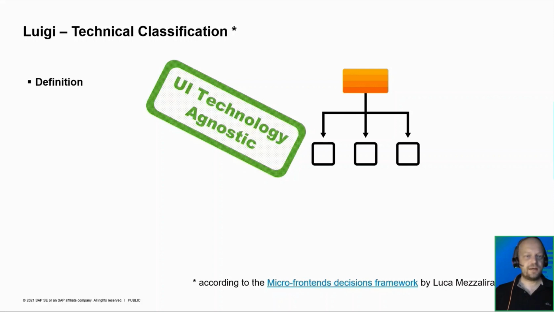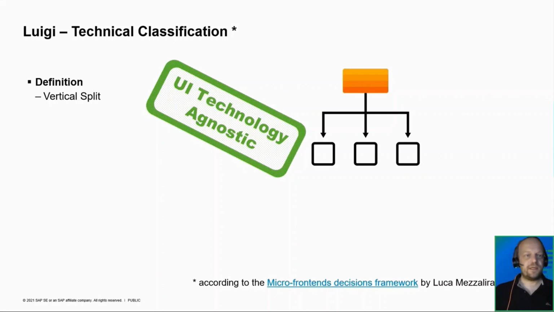Then the category called definition in the Micro Frontends decision framework contains, let's say, two different ways to split Micro Frontends. One is vertical split, and Luigi supports that.